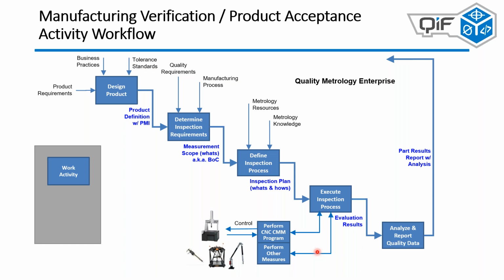So that's the overall activity, and information flows between each one of these boxes, along these arrows between the boxes. So this gives us opportunities where data gets exchanged, opportunities for the QIF.